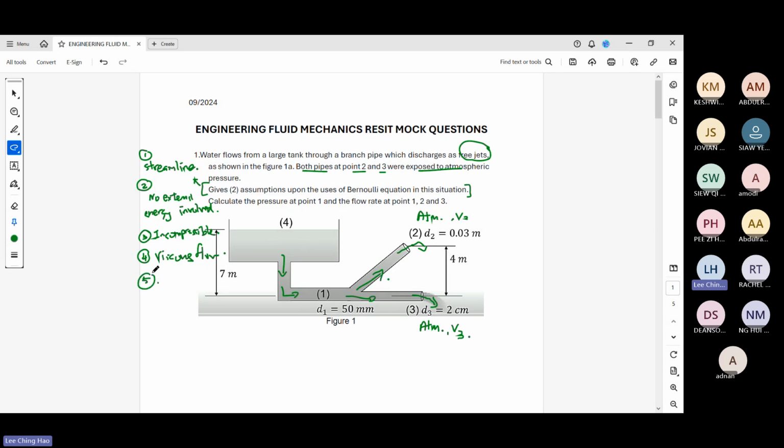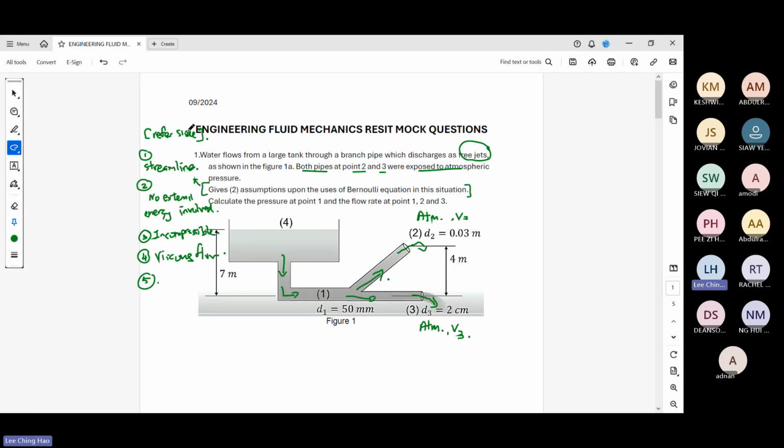So please refer to the slides. Slide 5, if I'm not mistaken, on Bernoulli. Inside there will be one slide listing out the 5 assumptions. You just copy 2 of them from there, and you have to understand every assumption.